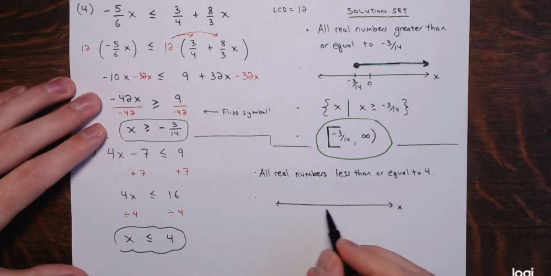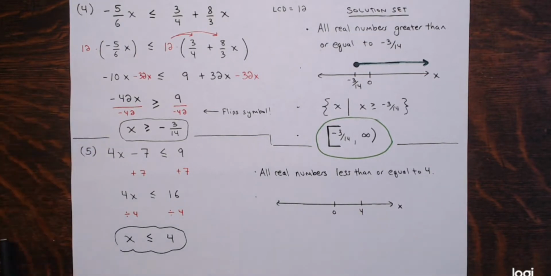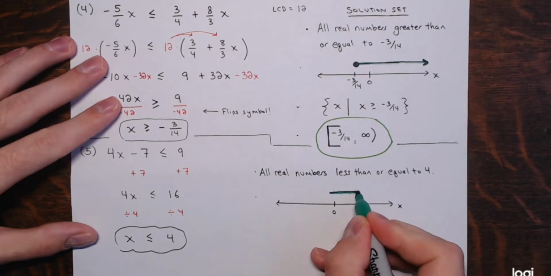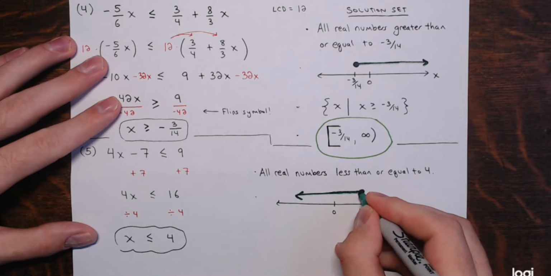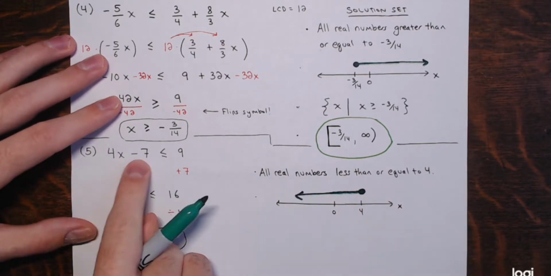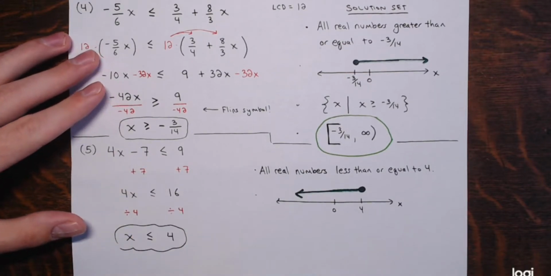I'll label the number line with that, and then here's 0. 4 would be to the right of 0 somewhere. But we're talking the numbers less than 4, right? To the left of 4, 3, 2, 1, 0, and so on. And 4 itself should also be a solution. And you can check that. Plug in 4 for x, you'll get 9 is less than or equal to 9, right? That satisfies the equal to part.